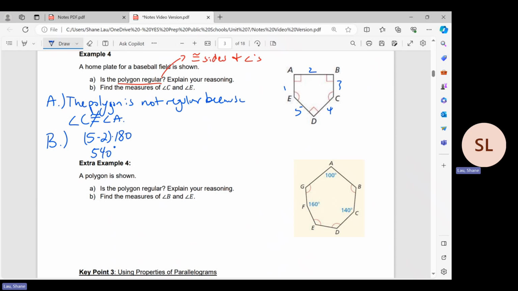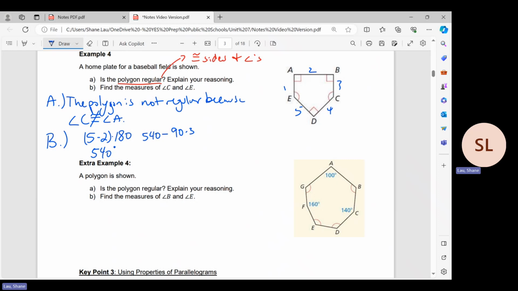Well, I don't know what E and C are. That's what I'm trying to look for. But I do know what A, B, and D are because they're all right angles. So I'm going to take 540 and subtract 3 right angles, so 90 times 3. PEMDAS, order of operations says to do the multiplication first, then addition and subtraction. So multiply first, then subtract.